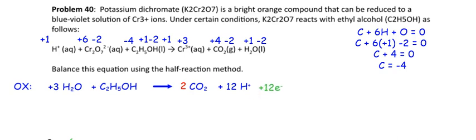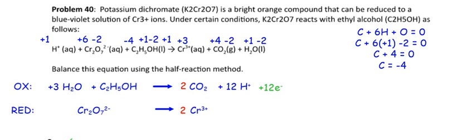So what got reduced, everyone? Well, chromium is a +6, chromium is a +3. Chromium got reduced. So what's the first thing I have to do? Balance the non-hydrogens and oxygens. So I'm going to put a 2 right here. Notice that my chromiums are now balanced.